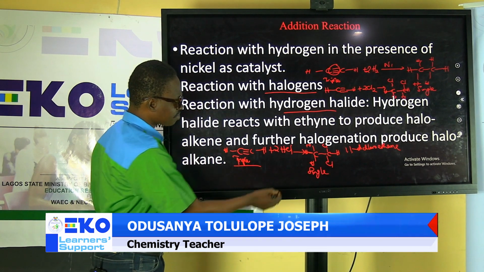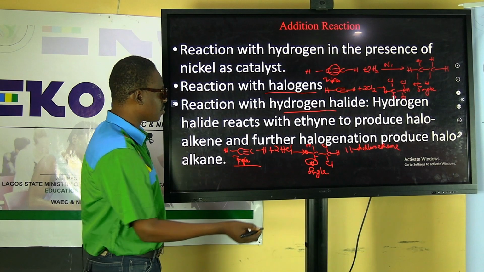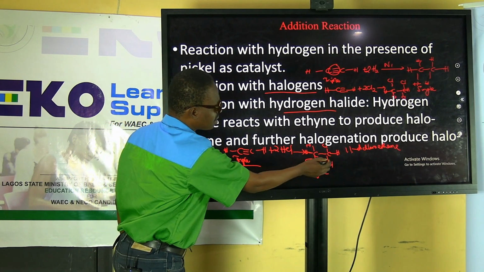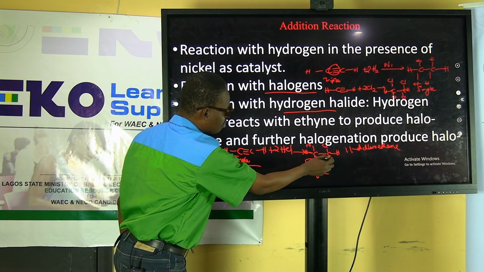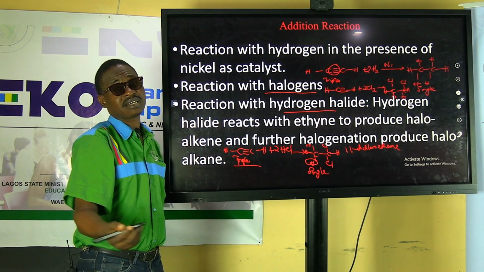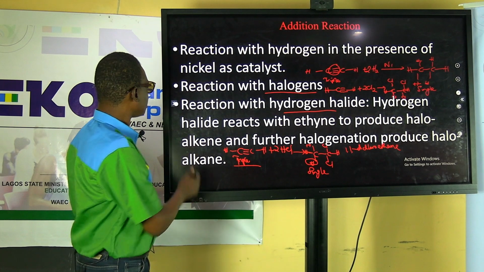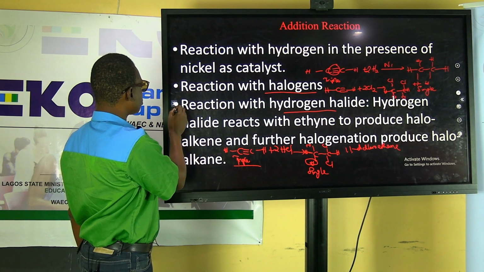Also note where the hydrogen is going and where the chlorine is going. The chlorine goes to the side having lesser hydrogen, while the hydrogen will go to the side having higher hydrogen. And that's what is applicable in that reaction.